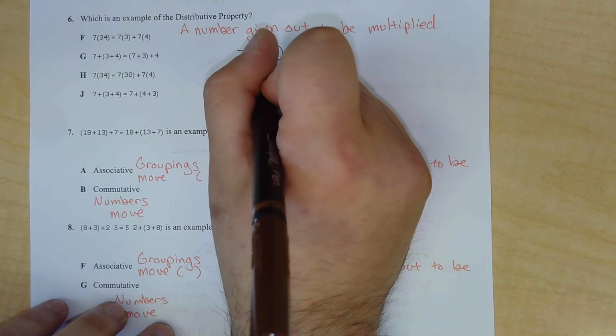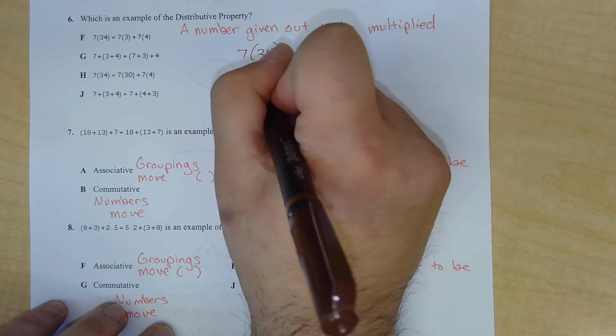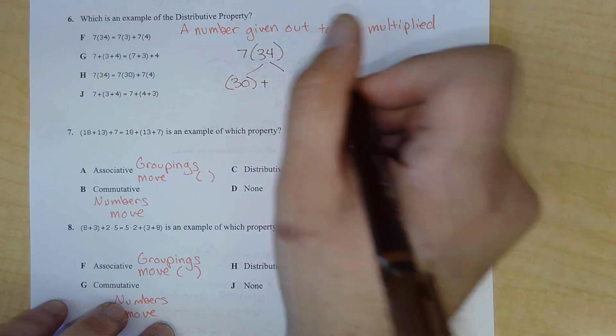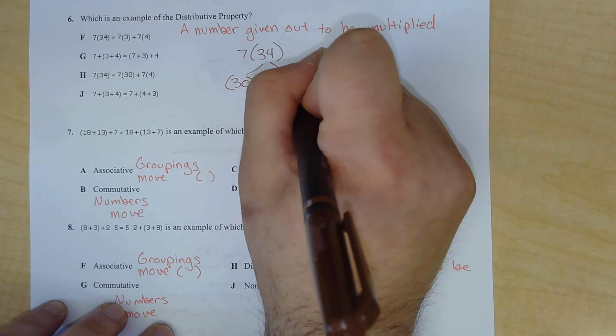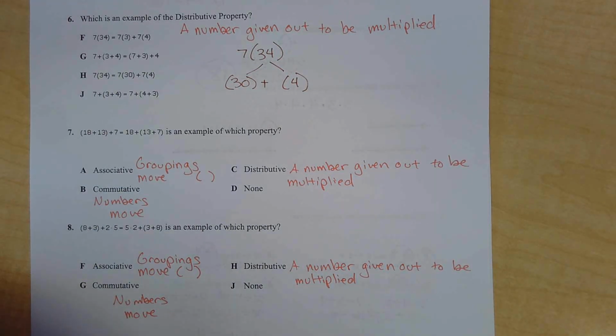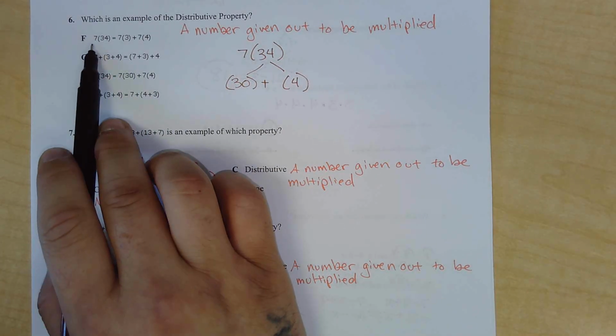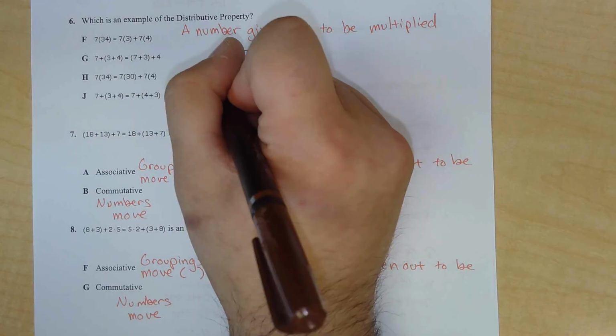So if I decompose this and I have 30 in parentheses, and in my ones place I have 4 in my parentheses, well, now I have to talk about what number is going to be distributed. In front of every single one of our parentheses is a 7, which tells me that's the number that's going to be distributed.